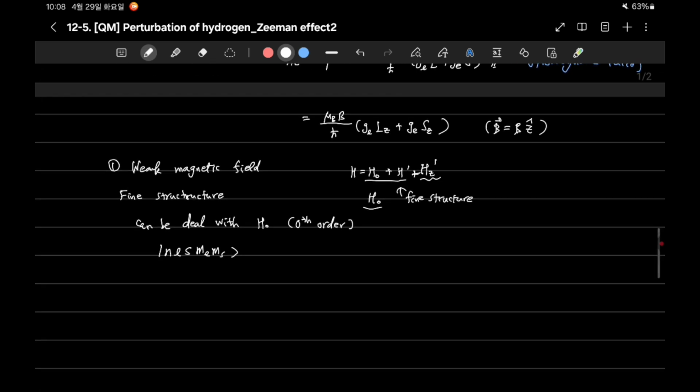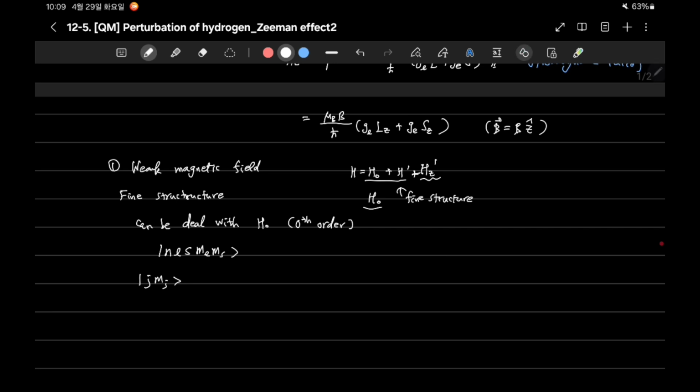In this case, there are two bases: the uncoupled basis and the coupled basis. The coupled basis means j, m_j, where the spin-orbit coupling makes the total angular momentum J.